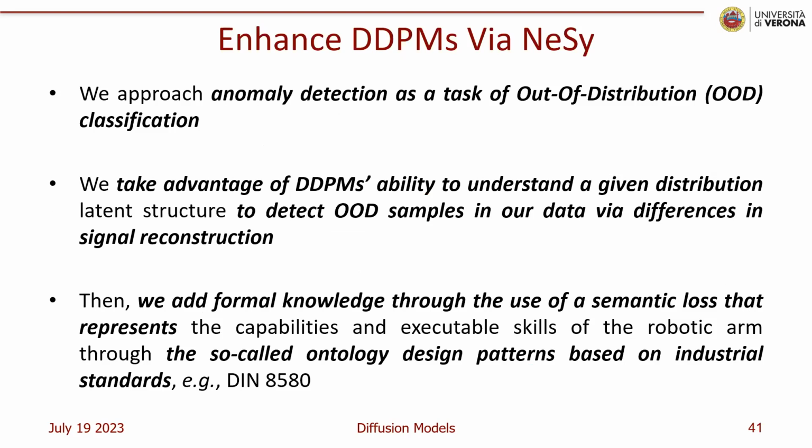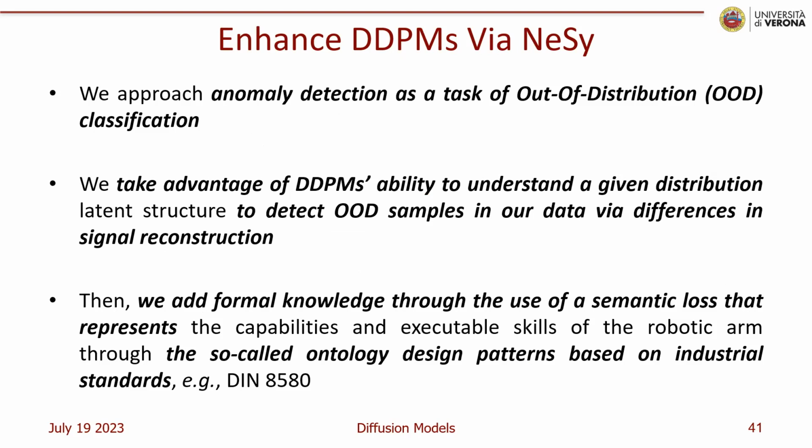Then we approach the anomaly detection task specifically as a task of out-of-distribution classification. And we take advantage of the Denoising Diffusion Probabilistic Model, given its ability to understand a given distribution, to detect out-of-distribution samples in our data via differences in signal reconstruction.